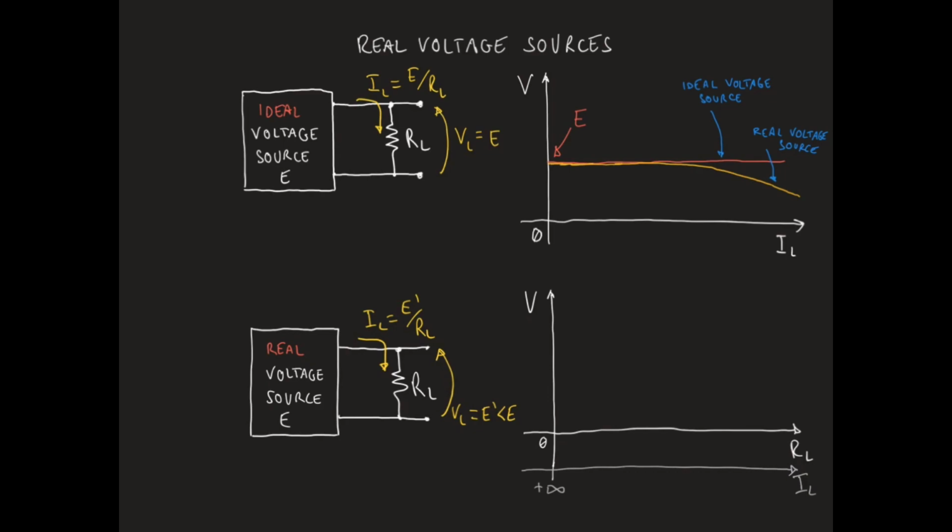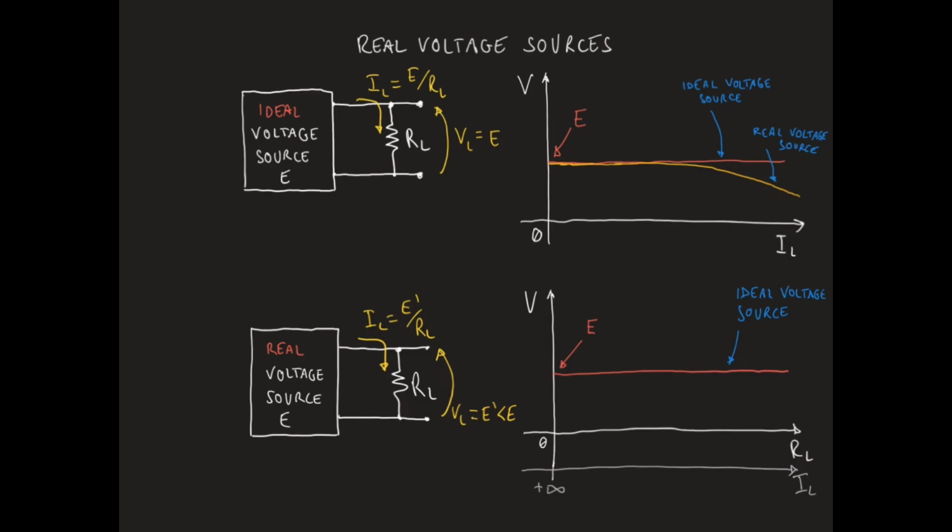And as the resistance goes to infinity, the current goes to zero. Of course, in the case of the ideal voltage source, the characteristic of the source does not change and will be constant and equal to E for any value of the resistance.